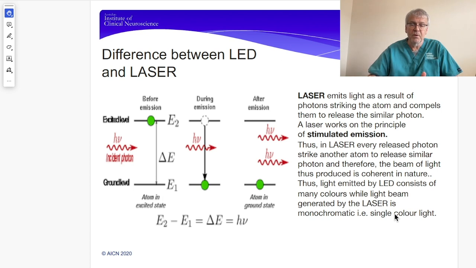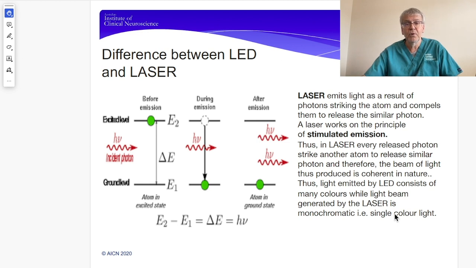Every time a new photon strikes the atom, a similar photon will be released, and that's why the beam of light produced is coherent. So the light emitted by an LED consists of many different colors, while the light generated by a laser is monochromatic. Okay, so a single color is generated.